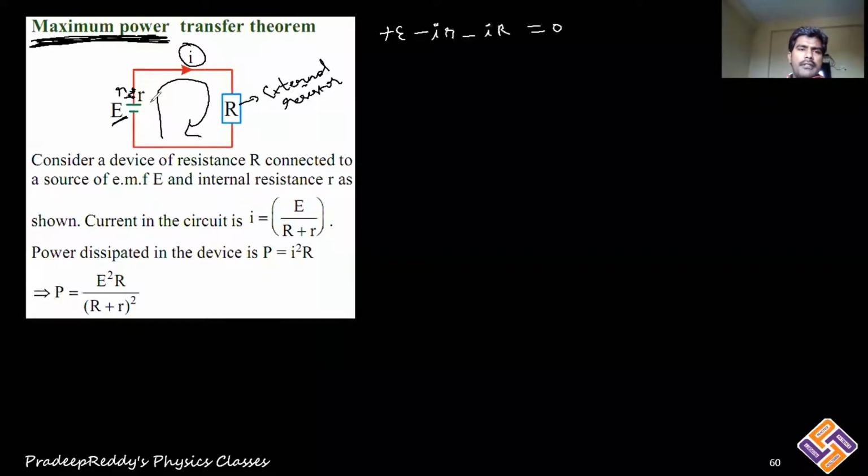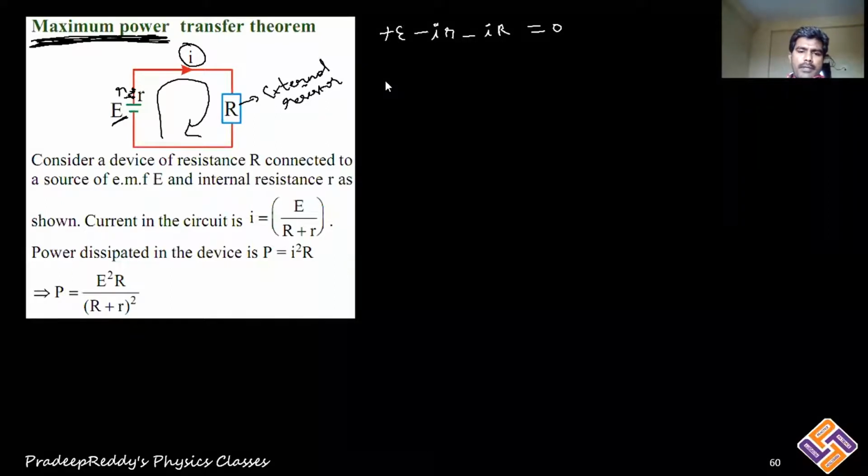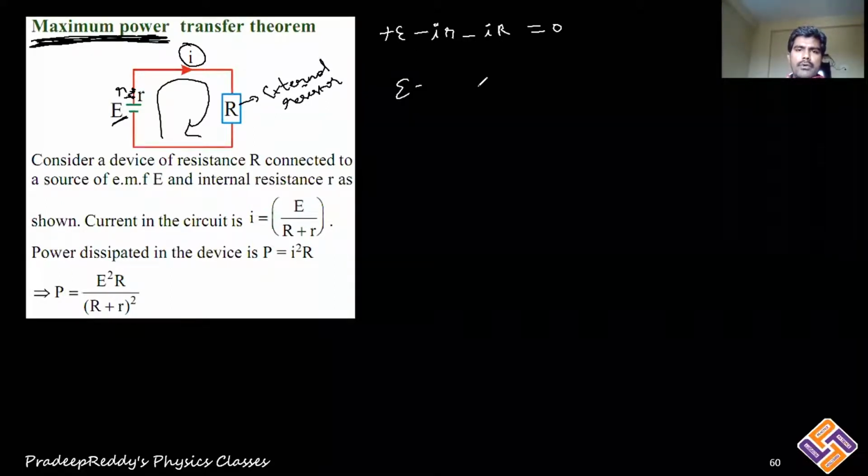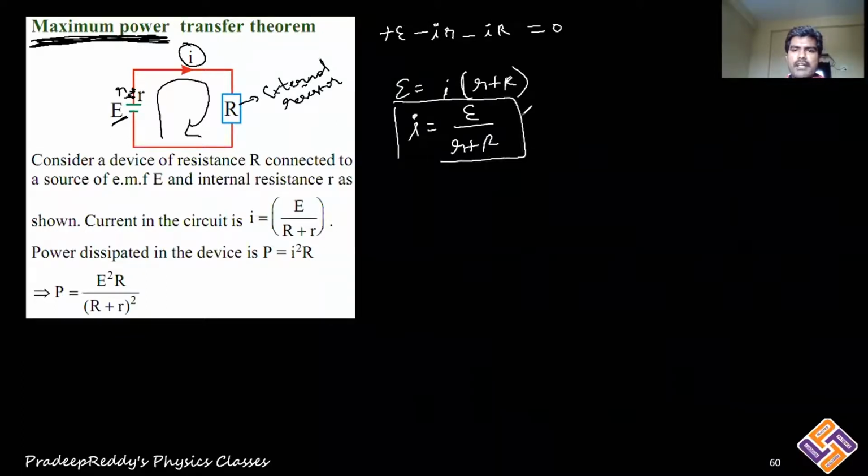There are only three components: one is the cell, another is the internal resistor, and the other is the external resistor. So from here you can write E is equal to I into r plus capital R, and from this I is equal to E divided by r plus capital R. This is the current in the circuit.